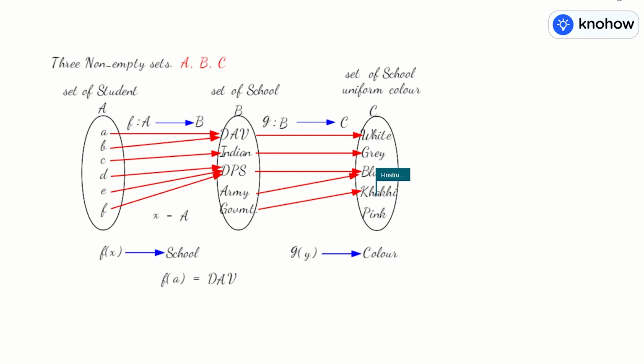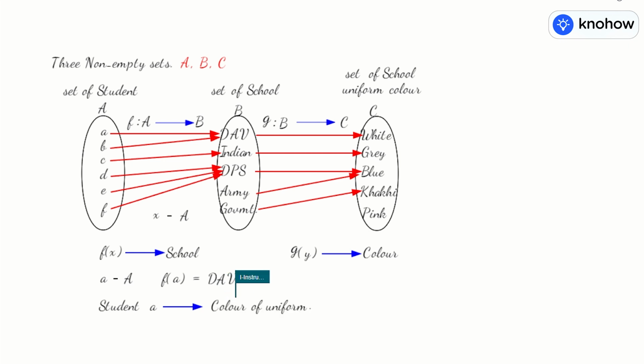Now what is my question? My question is, if I ask you directly, for an element a of set A, that is student a, I am asking you directly, student a is wearing which color uniform?